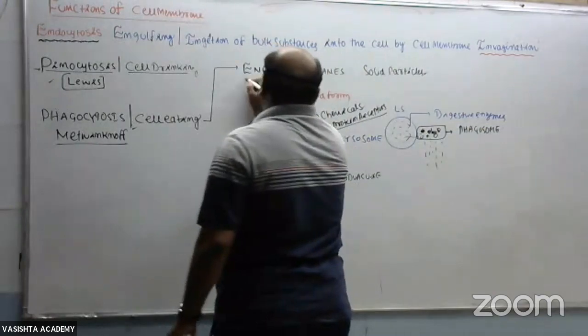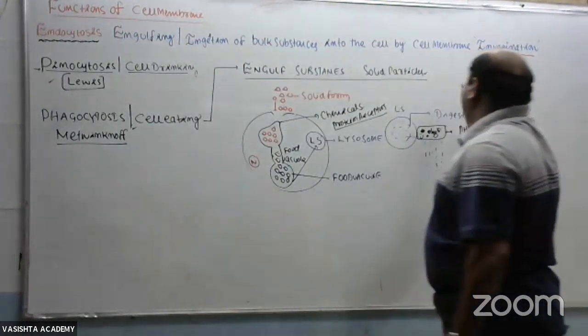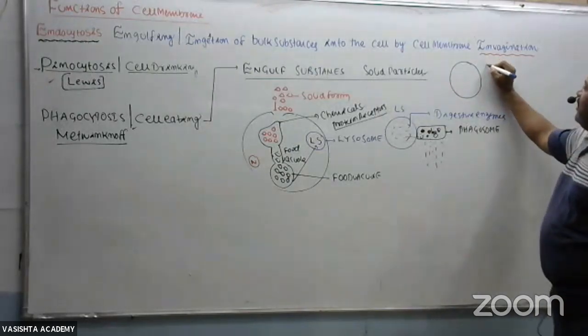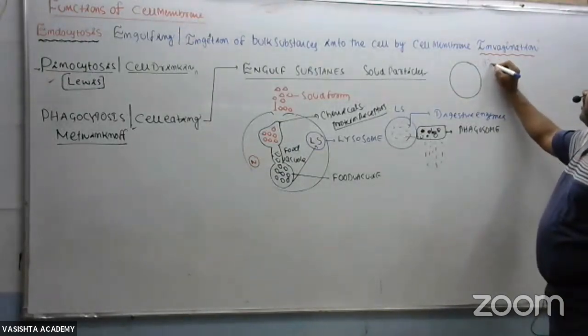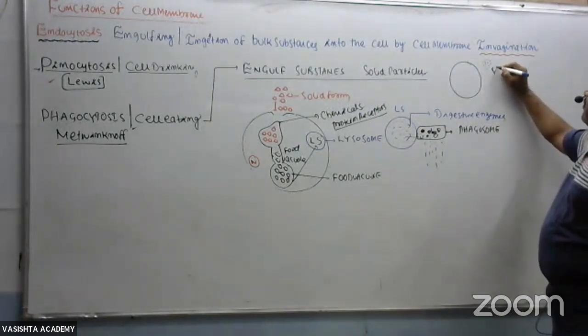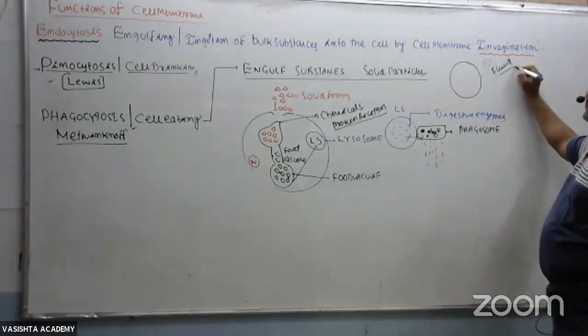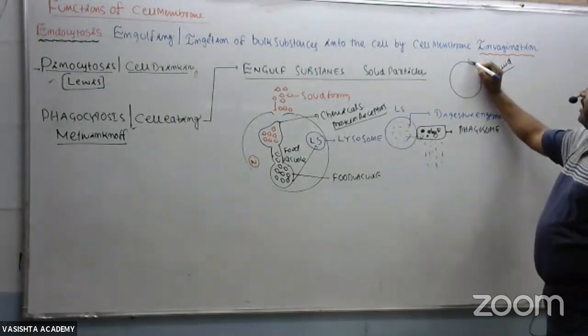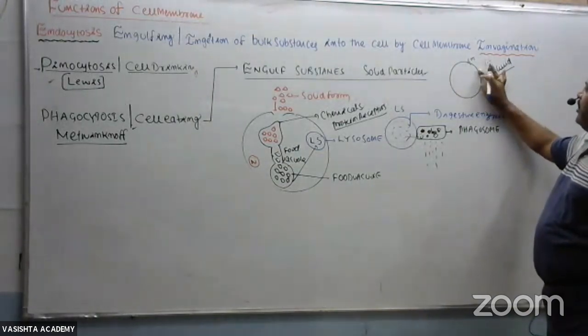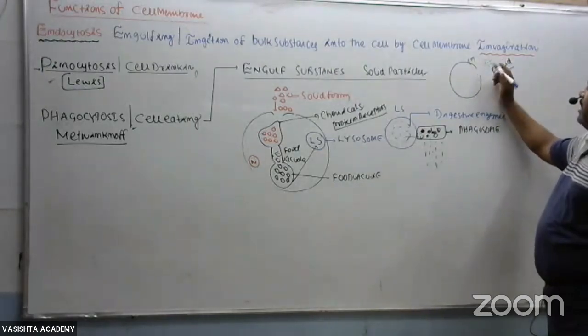Now, engulfing that substance. This is the cell membrane. Here, your food particles are present. For example, the food is available in the form of fluid. Initially the cell membrane absorbs it by means of protein receptors. Due to this, what happened?